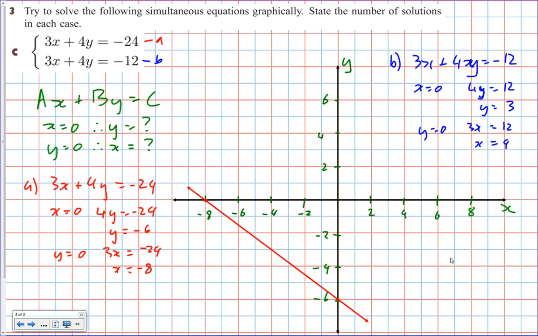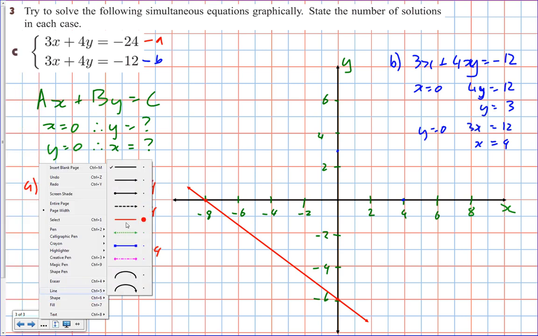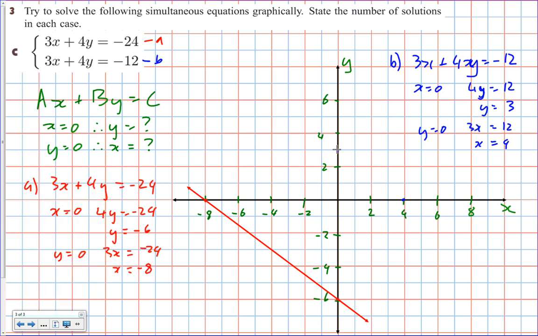So let's put those values on the graph. x equals 0, y equals 3, so that's going to be that point just there. y equals 0, it's going to be 4, so it's going to be that point just there. And again, come across to my line, there, there, go back this way.